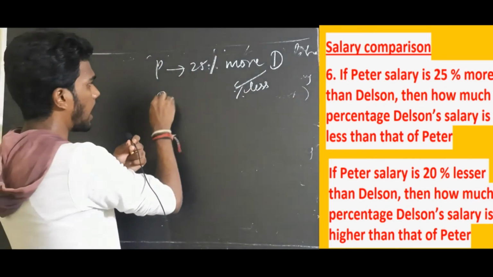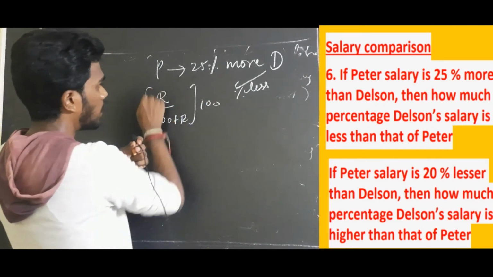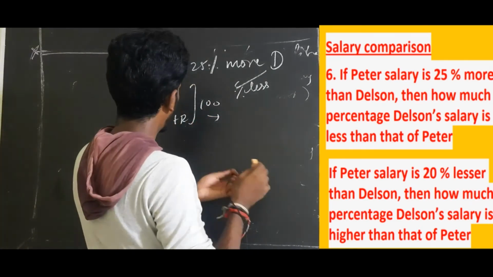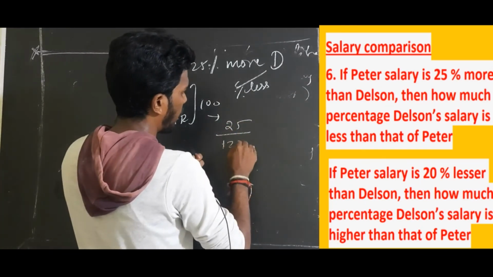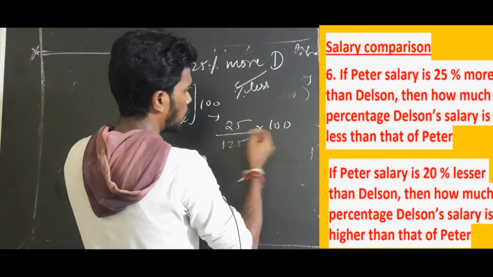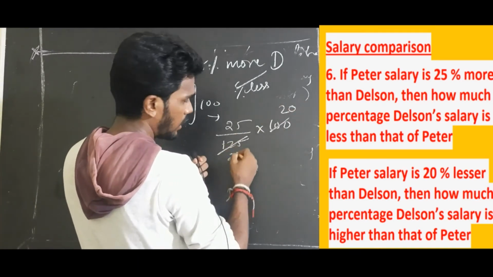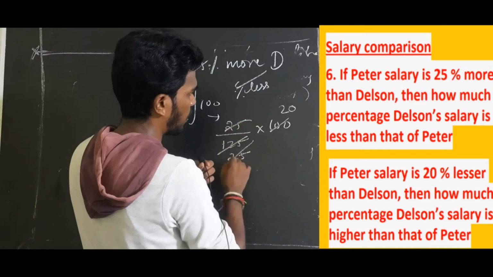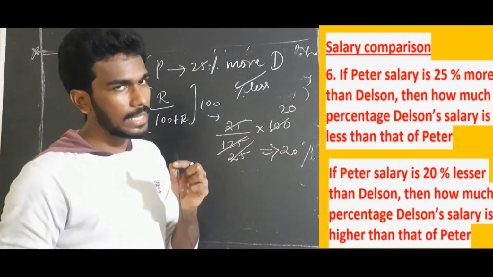So less than means R divided by 100 plus R multiplied by 100. So I get R as 25, 100 plus R is 125, into 100. So I can simplify this. 5 20s are, 5 2s are 10, 25 times 25 cancels. So Delson's salary is 20% less than Peter's.